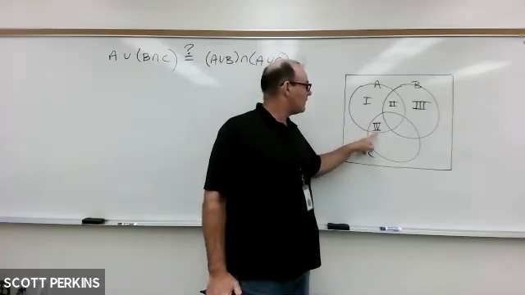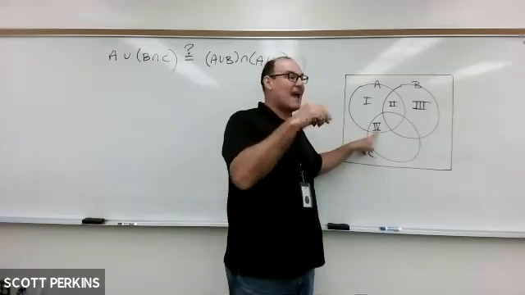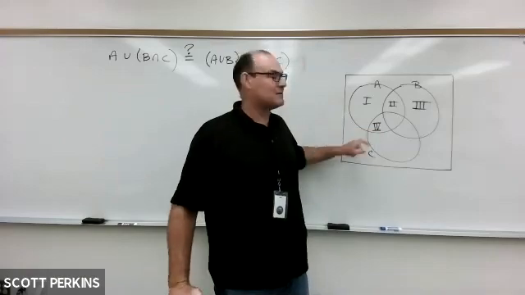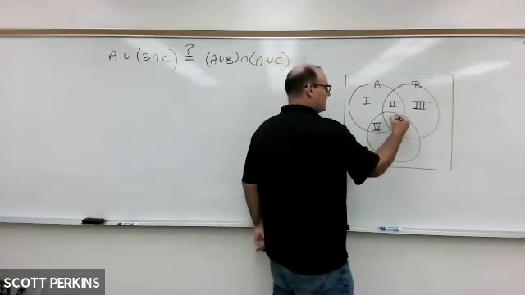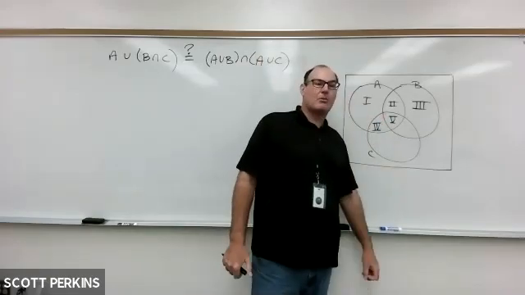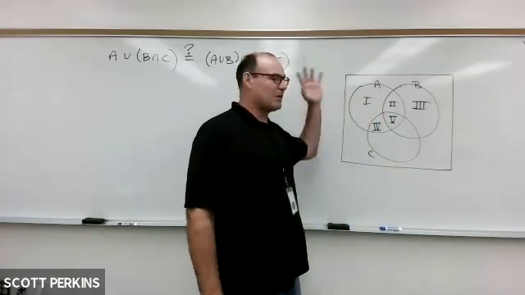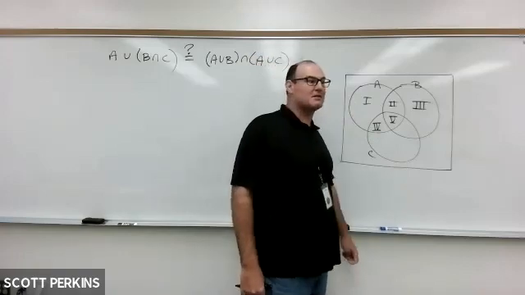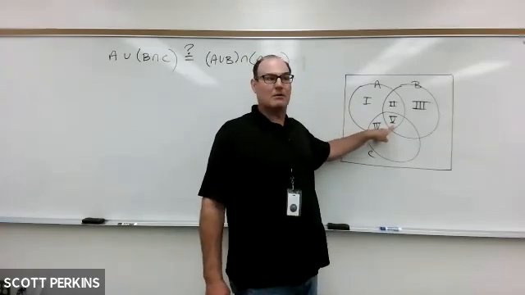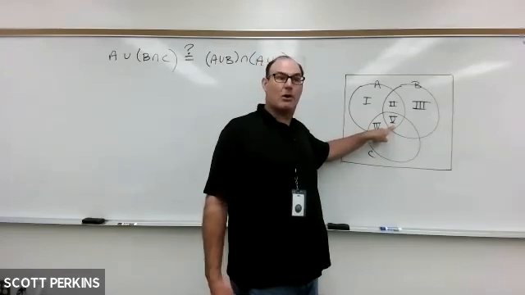A and C only, or you could say A and C, but not B. Both of those are correct. Region 5, right here in the middle. Remember, a V in Roman numerals means 5. This is as much Roman numerals as you need to know in this class, and if you don't want to, you don't have to. How would I describe region 5? It's all three, or A and B and C.